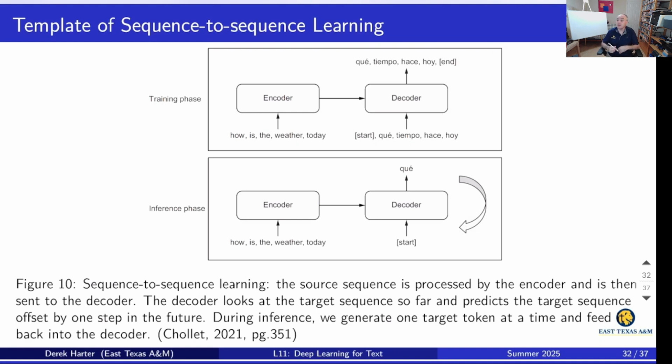The general template that's used to build one of these sequence-to-sequence models that will translate from one sequence into another is shown here in this diagram, okay? Basically there are two parts to a sequence-to-sequence model. First, an encoder model. The purpose of the encoder model is to transform the source sequence into an intermediate representation.